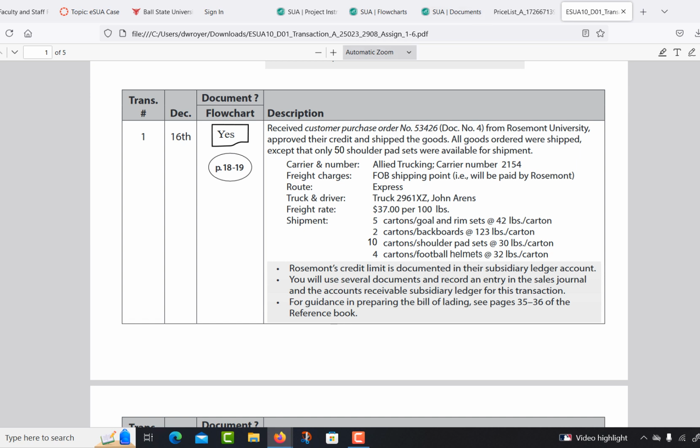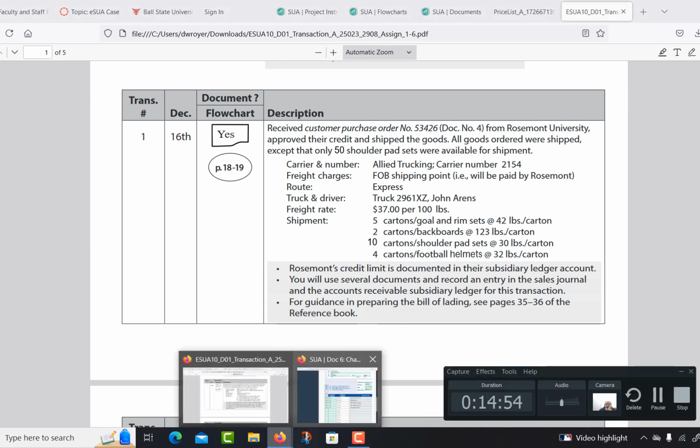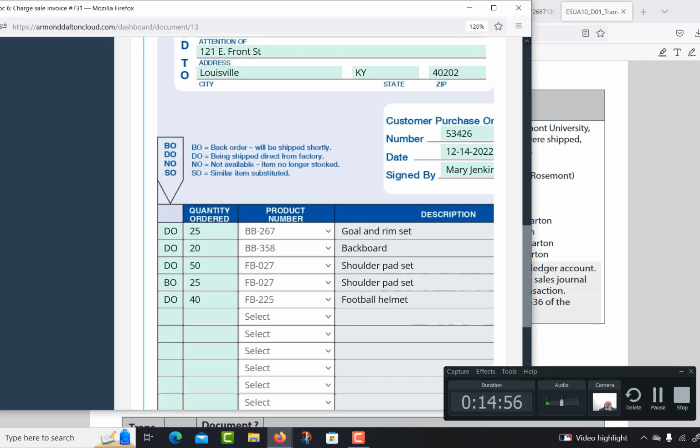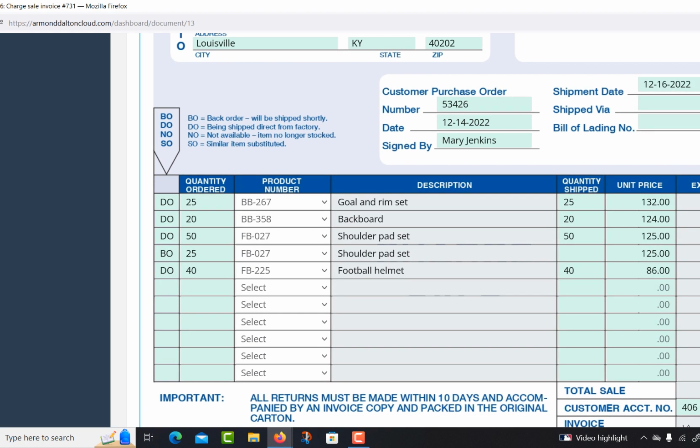But right now we need to go back to the documents and look at the sales invoice. I'm sorry, that's the wrong one. Okay, there we are. All right, here we go. So when we look at this, remember that everything that they ordered for goal and rim sets were available.